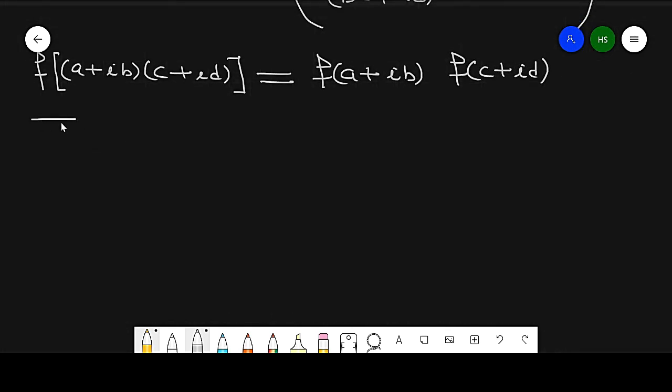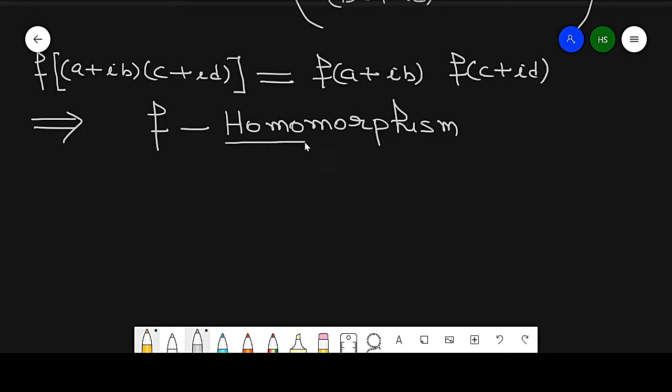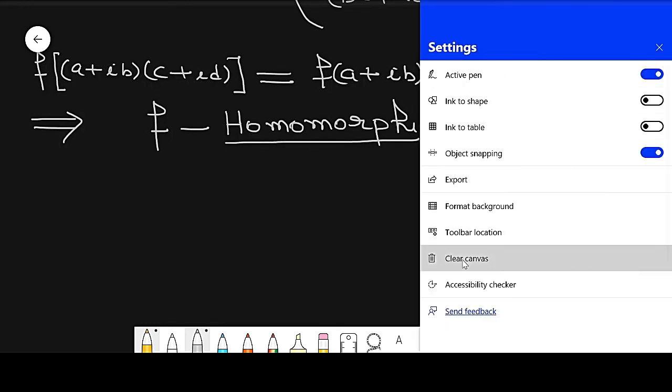So it satisfies the property of homomorphism. It implies this mapping is a homomorphism. Now to prove isomorphism, I need to prove 1-1 as well as onto.